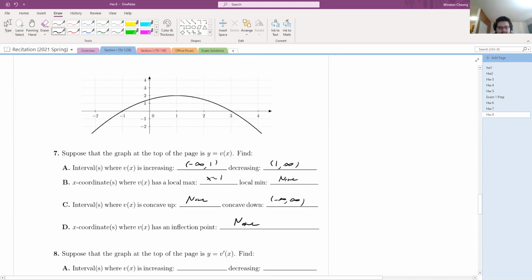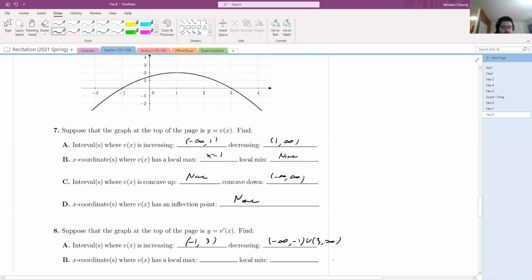So that means increasing is going to be from -1 up to, oh, not 1, but 3, up to 3. And decreasing means that the derivative is negative, which means the graph is negative. So that's from minus infinity up to -1 and from 3 to infinity.